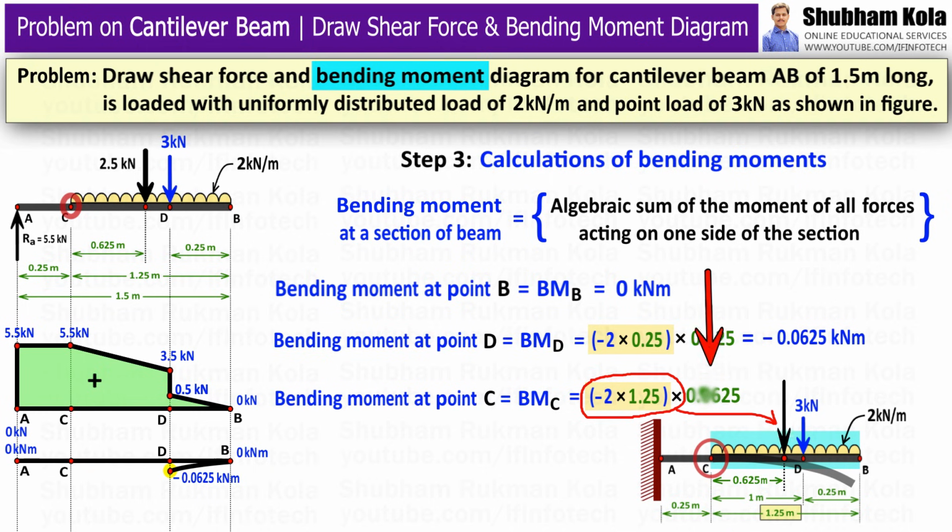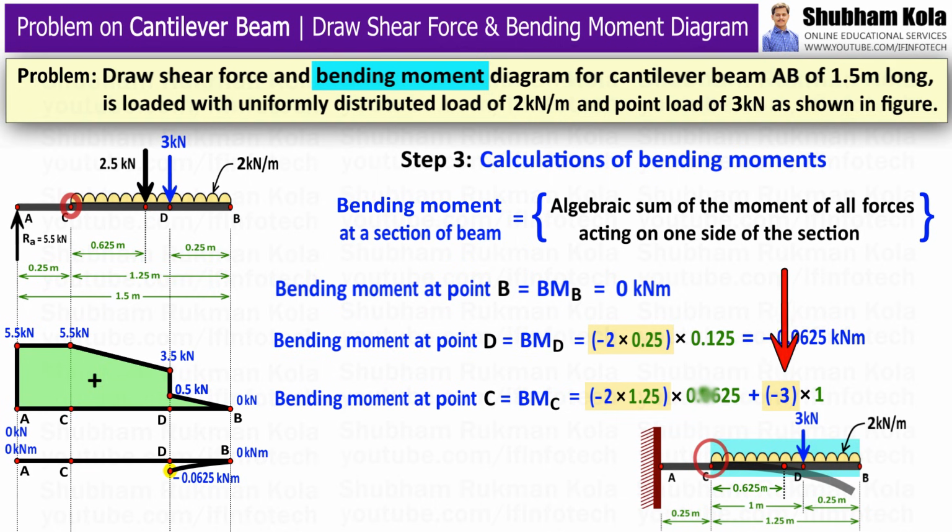And also there is one force. Due to this force, the beam shows hogging effect, and for hogging effect of the beam, I will consider this force as negative. So here I will add this force of minus 3 kN, and I will multiply this force with the distance from the point of action of force, that is 1 meter.